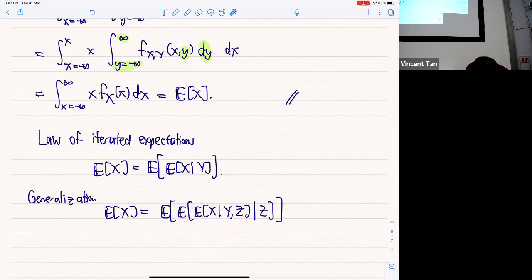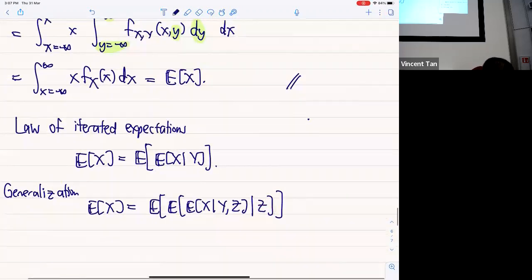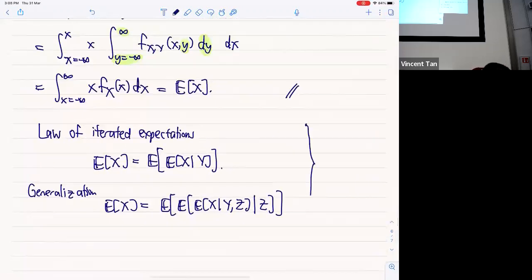This itself is a conditional expectation, a random variable, a function of z. Now one more time, then we get a number. If you learn higher stochastic processes and more advanced probability, this has a name. That is not the law of iterated expectations. In the math sense, people call this the tower property.